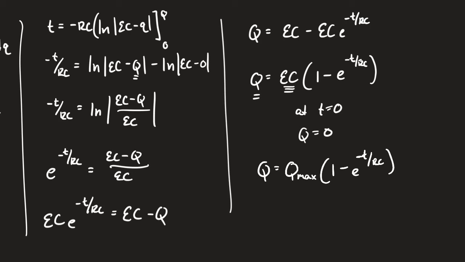Indicate that's negative t over RC. Indicating that we know that we'll eventually reach a fully charged capacitor at some time in the future. Now, that time is when this term goes to 0. So the limit as e to the minus t goes to 0. When is that going to go to 0? Yeah, as t goes to infinity.